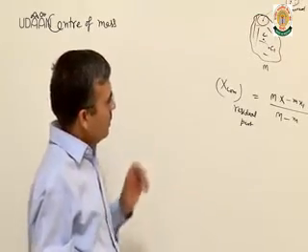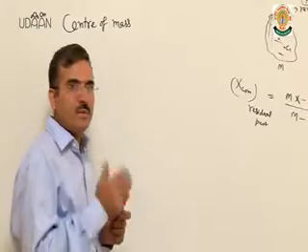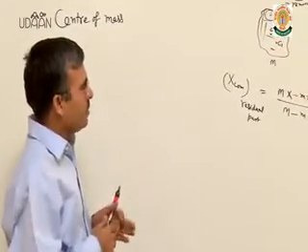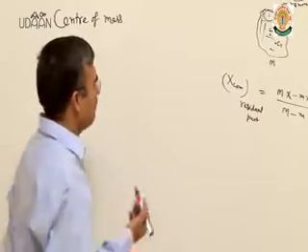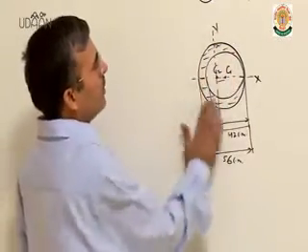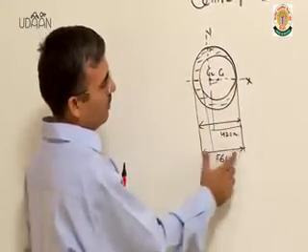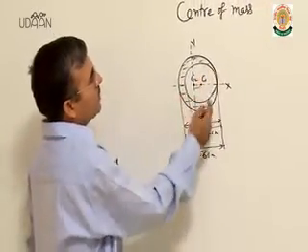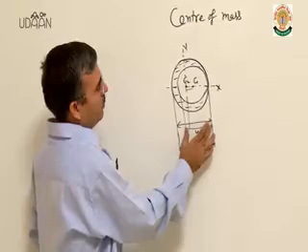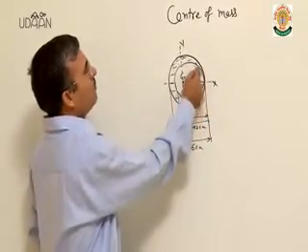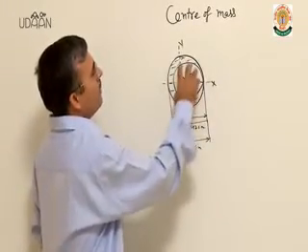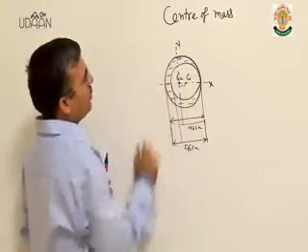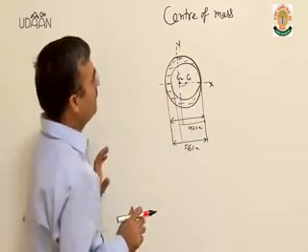Okay. So this is how the center of mass shifts after removing some part of the body, a very important concept. Let us take one example. It is a uniform disc of diameter 56 centimeter. From this disc, a part of diameter 42 is removed, and I want to find out the position of the center of mass of the residual part.